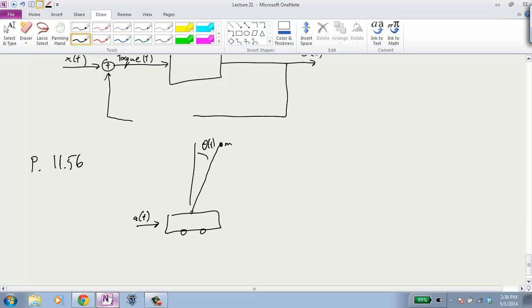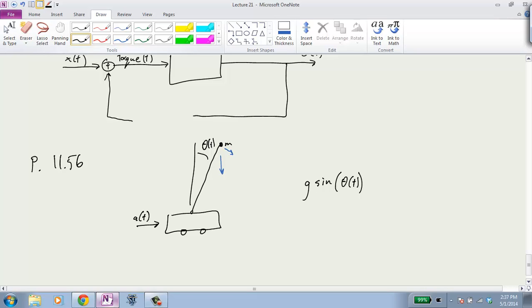Now, if you look at the physics, it's pretty straightforward. You have gravitational acceleration and a sine of theta of t, because this is representing the component of gravity that's orthogonal to the axis of rotation.